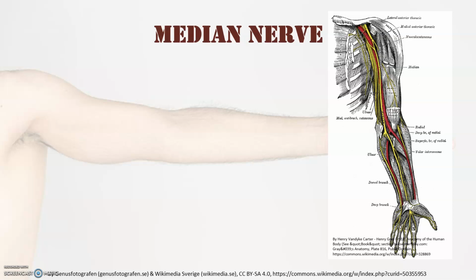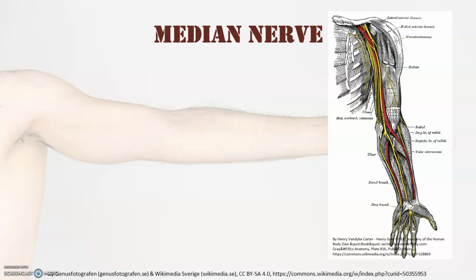Throughout its course, this nerve runs fairly close to the brachial artery or one of its branches. So in the arm, it runs with the brachial artery in the medial aspect of the arm, right down the medial aspect of the arm and then into the antecubital fossa.